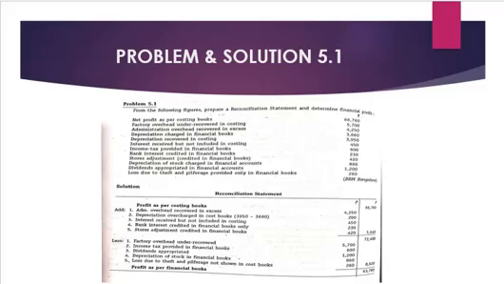The last one there says loss due to theft and pilferage provided only in financial books. That means this loss is shown as an item of expenditure in the financial accounts, but it is not considered in cost accounts. So therefore, in cost accounts, this expense is absent. So less expenses there.